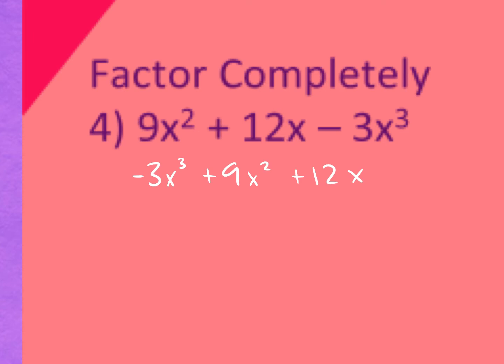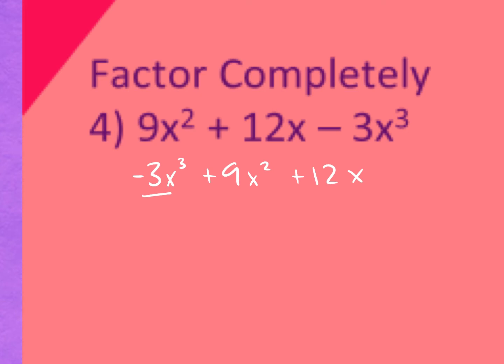Now, what is my greatest common factor? 3. But even better than 3, 3x. Even better than 3x? No, because I can't take out an x squared because the last one's not squared. Oh, but I want this to be positive. So what should I take out? A negative 3.